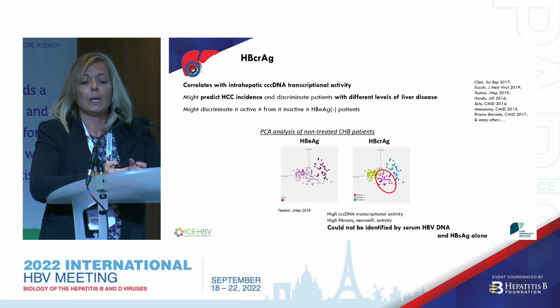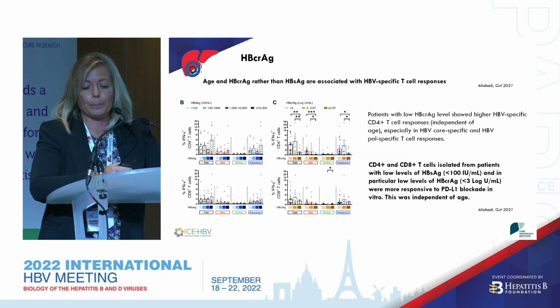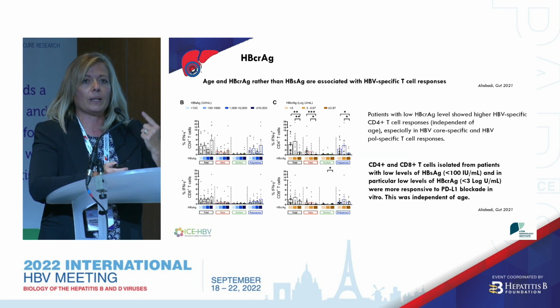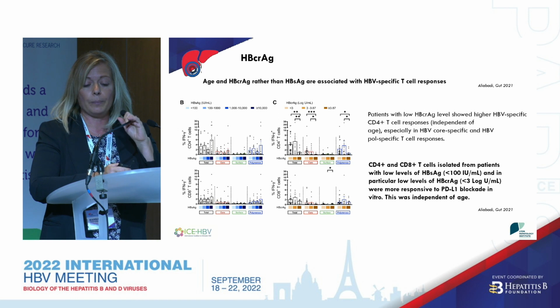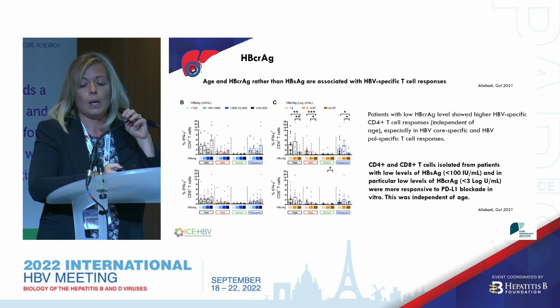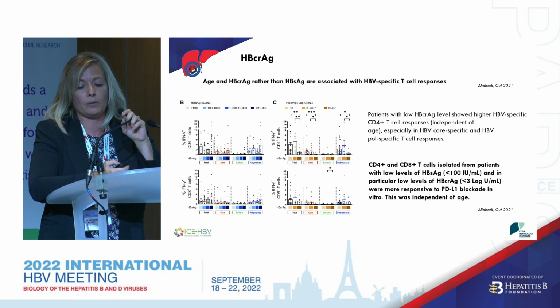So probably immune markers could help us in understanding what core-related antigen could bring in. And indeed, bringing back the paper that I cited before, the authors showed that patients with low core-related antigen showed higher HBV-specific CD4 T cell responses, especially core-specific and pol-specific.